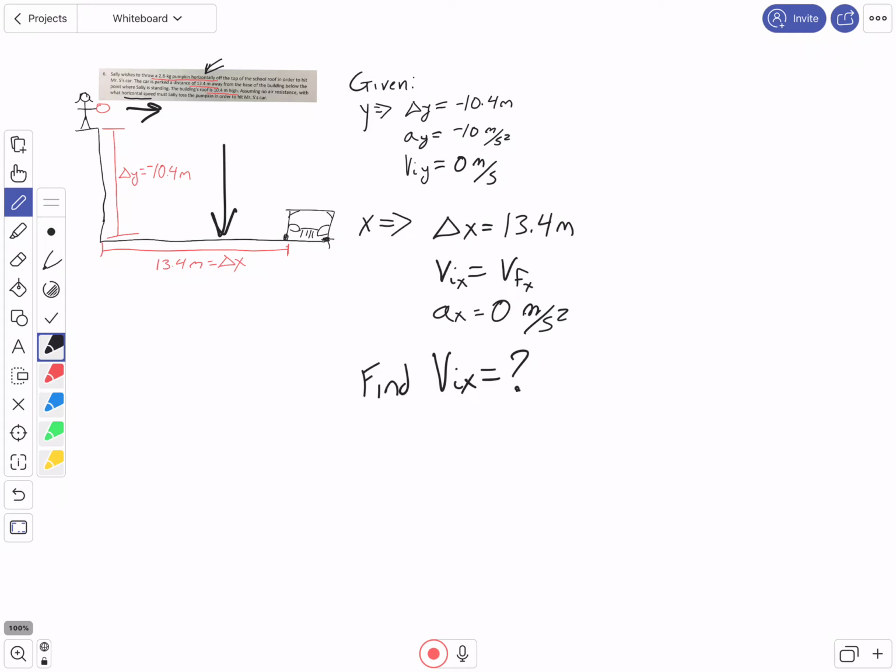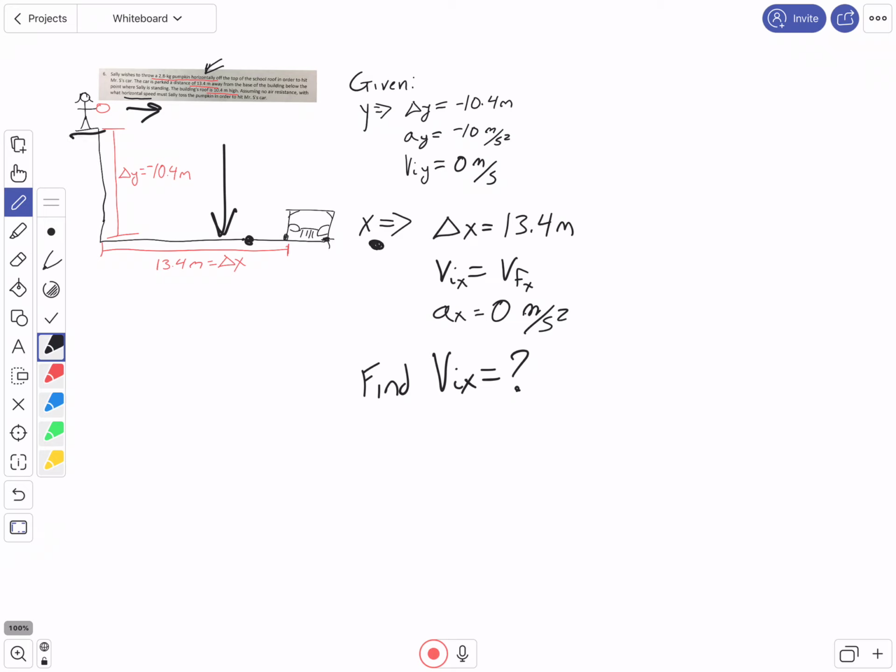So it doesn't matter if she throws it at 100 meters per second or 1 meter per second, it's still going to hit the ground at the same time. And that amount of time is all she has to get it to hit the car. If it takes any longer than that to get to the car, then it'll hit too short, and if she pushes it too far, it'll hit past the car.